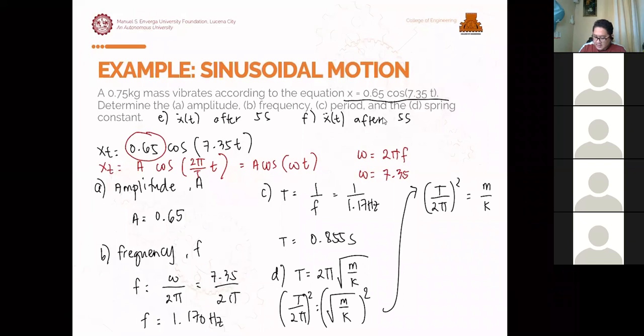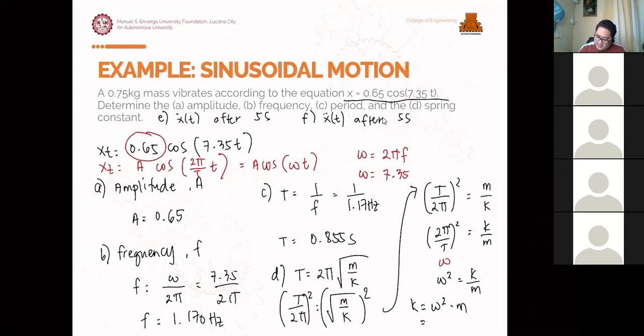Pero ano nakikita nyo dito? 2 pi over T. Pag na-reciprocate natin both side ng equation, this will be 2 pi over T squared is equals to k over m. Ito is equivalent sa angular frequency. So, ibig sabihin, angular frequency squared is equals to k over m. So, si k can be omega squared times m. Okay?